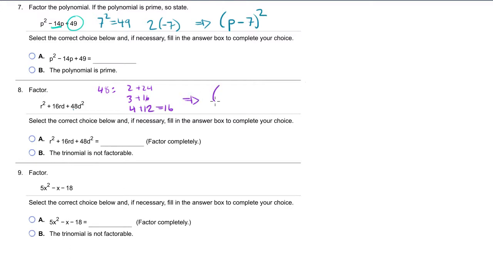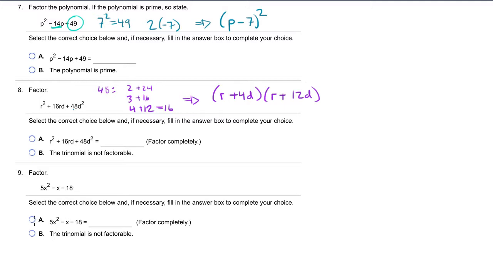So we'll have r plus 4d times the quantity r plus 12d. That's our factorization.